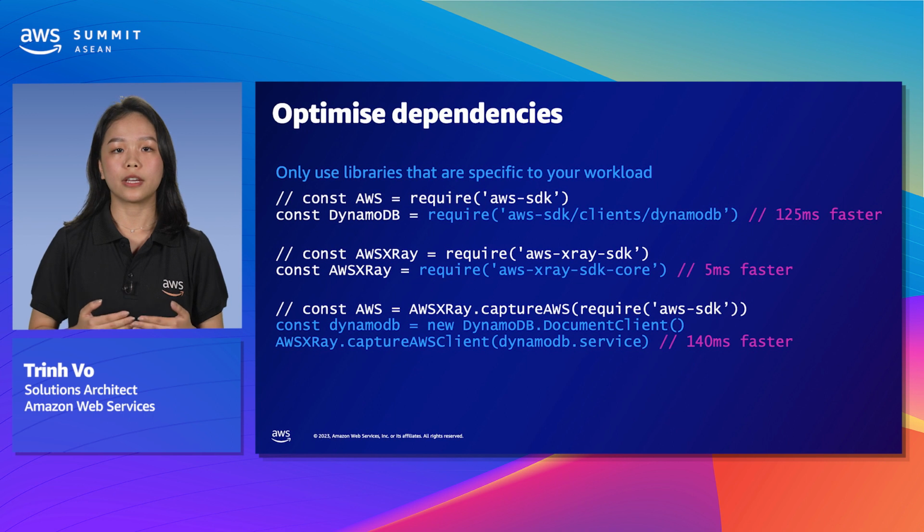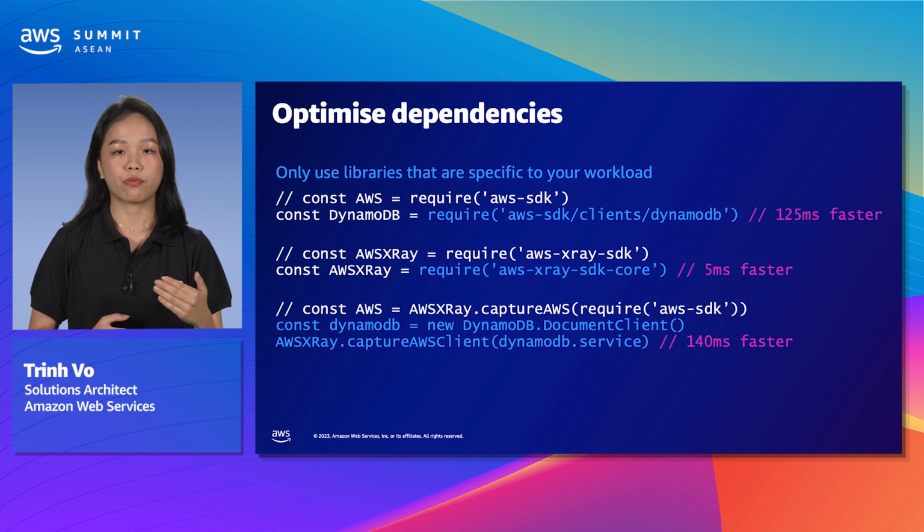As we mentioned that you can optimize loading dependencies to reduce cold start duration, sometimes it can be convenient to load the whole AWS SDK package. But if you are only using DynamoDB in your code, by loading only the DynamoDB SDK, it can be 125 milliseconds faster.